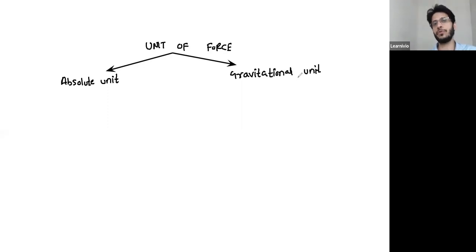There are two types of unit of force, absolute and gravitational. This gravitational unit is basically a practical unit that we use.